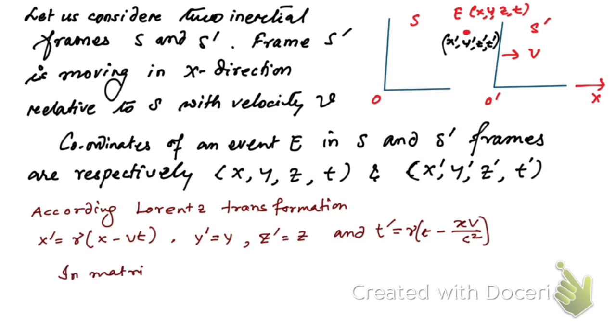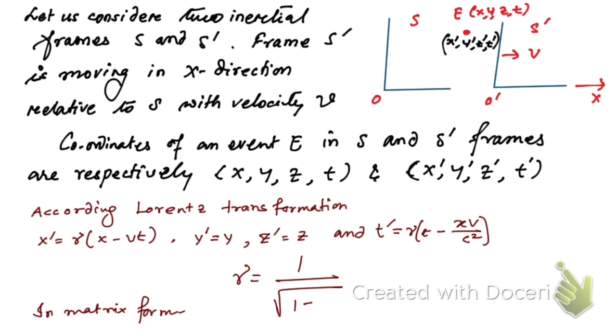And let me tell you one more thing: gamma is equal to 1 by root over 1 minus v square by c square. This is the value of gamma.